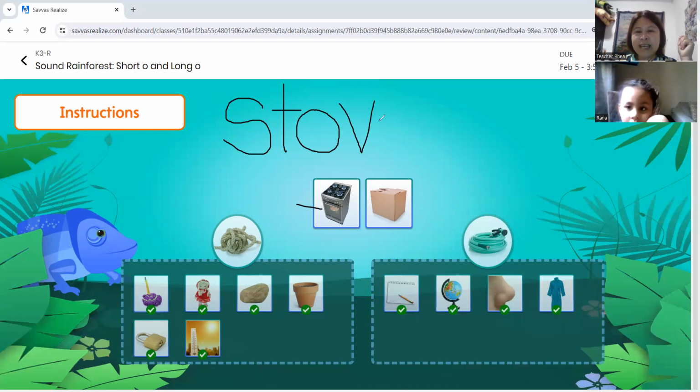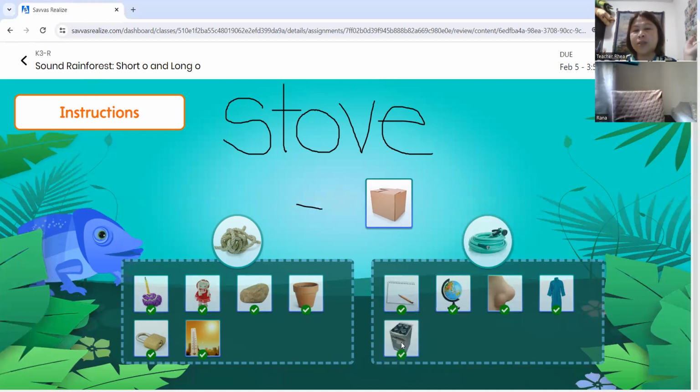E. Very good. Is it a short O or a long O? Long O. Very good. Good job, Rana. So where are we going to put stove? Under the hose.